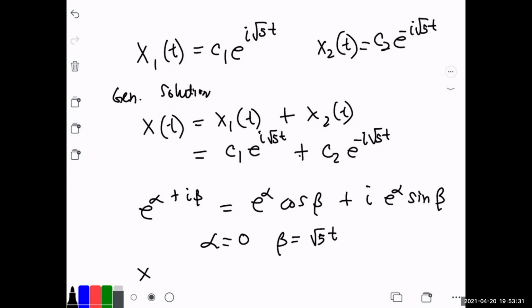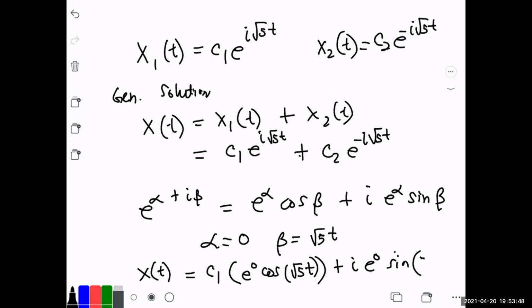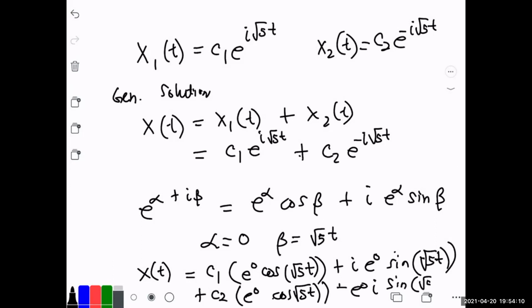So x of t would now be equal to c sub 1 e sub 0 cosine of square root of 5t plus I e sub 0 sine of square root of 5t plus c sub 2 quantity e sub 0 cosine of square root of 5t, and then plus minus e sub 0, of course the I sine of square root of 5t.